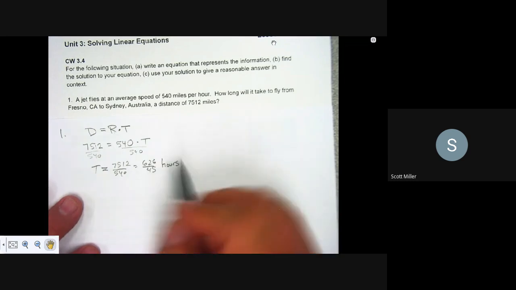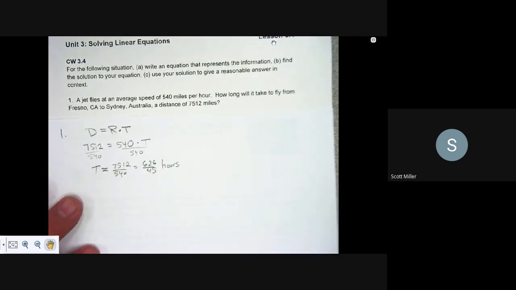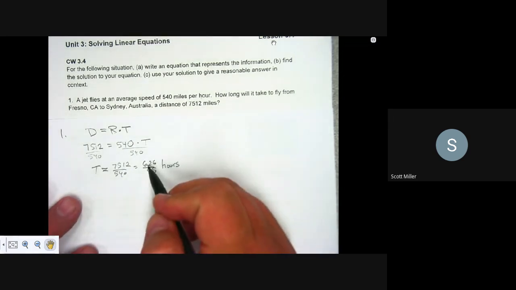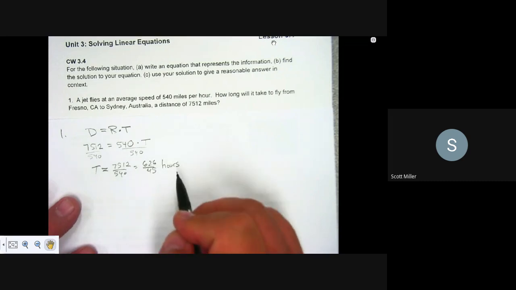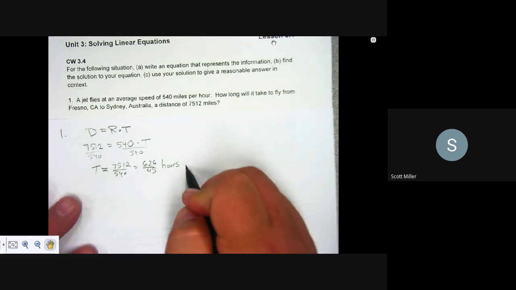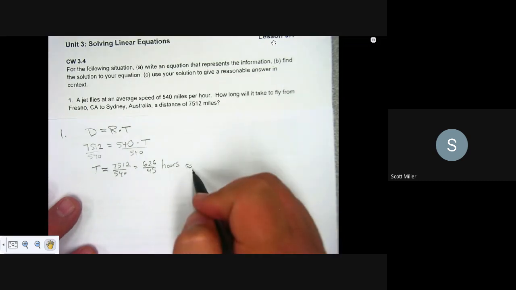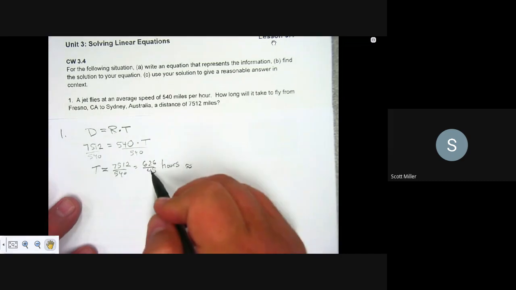But that really doesn't make sense to me. I mean, 626 divided by 45 hours. But that's the exact answer. If you type this into a calculator and get a decimal version, you would need to round your answer to 3 places. And because you're rounding your answer off, it's now an approximation. It's not exact. This is exact.